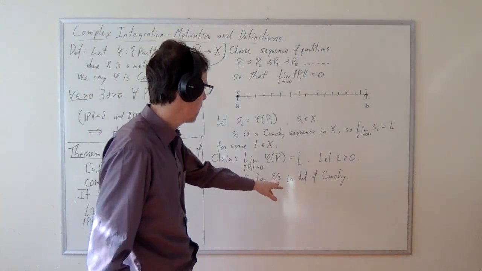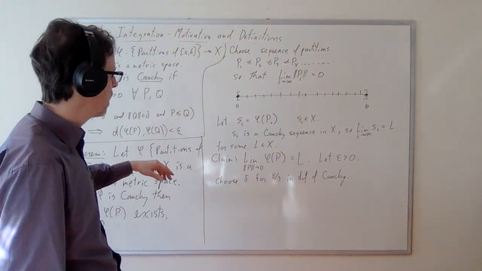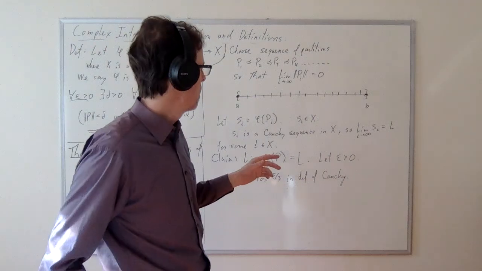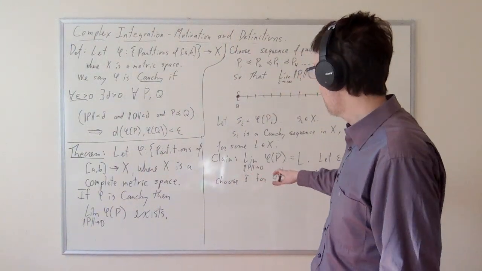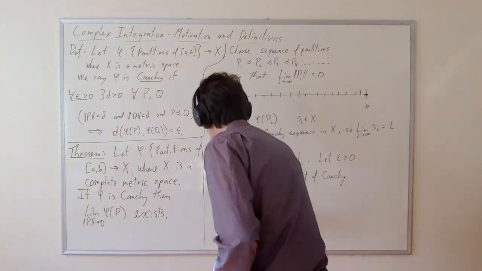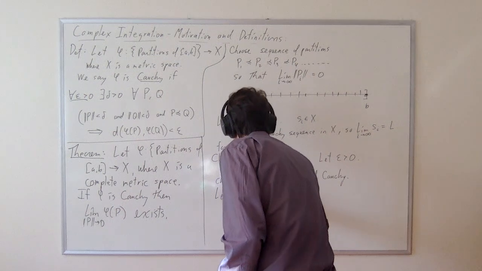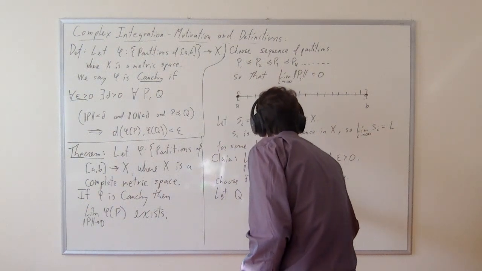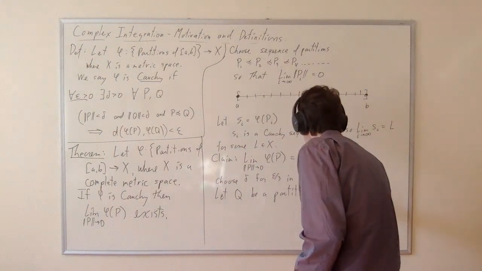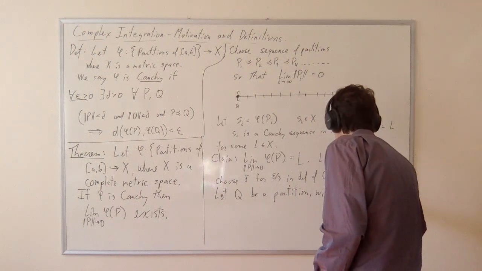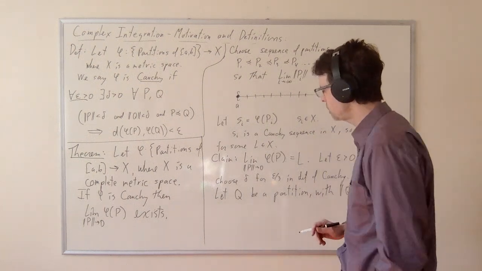So we're going to choose delta for epsilon over 3 in the definition of Cauchy, and then we're going to optimistically pick out just any partition, which I want to call Q. So let Q be a partition, and we're going to assume that its norm is less than delta.